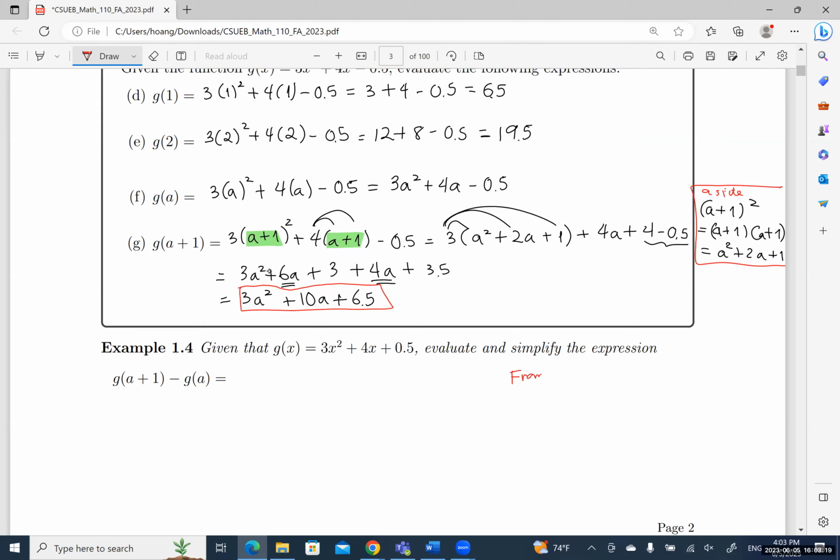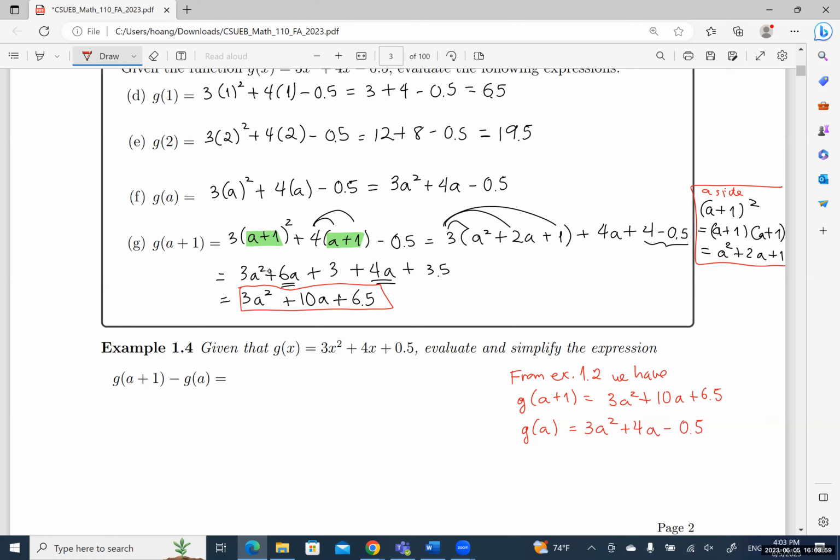From exercise 1.2, we have g of A plus 1 equal to 3A squared plus 10A plus 6.5. And g of A, just changing the input, is 3A squared plus 4A minus 0.5.